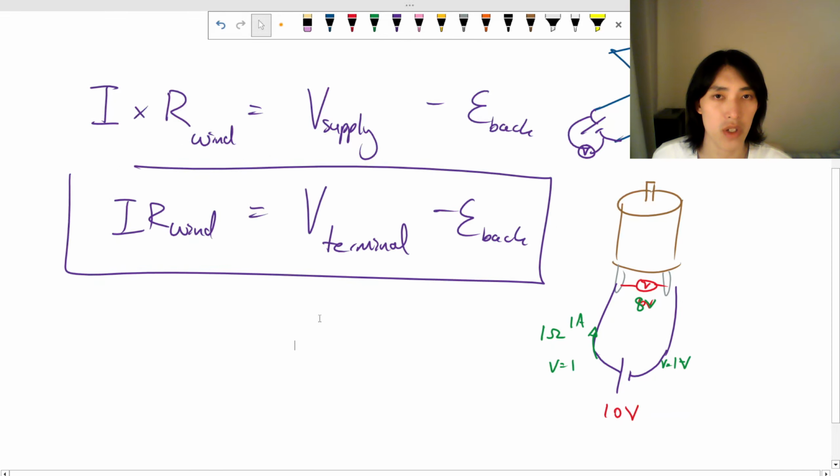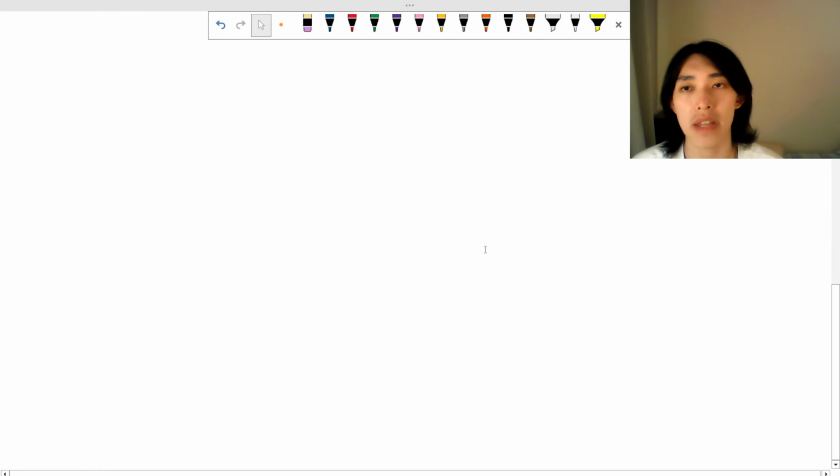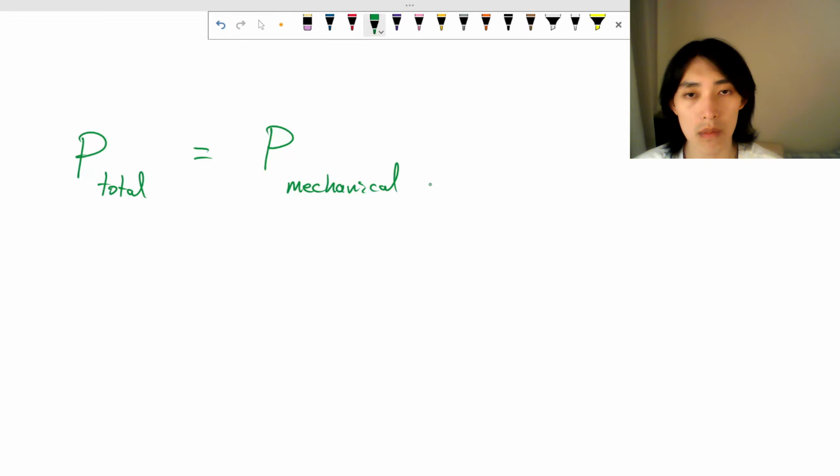Okay, so with this formula, we can now consider some more tricky concepts. The first of which is deriving a formula for the mechanical power output of our motor. Okay, so let's consider that the total power is going to equal the power that goes into mechanical energy, making torque and so on, plus the power that goes into resistive losses.